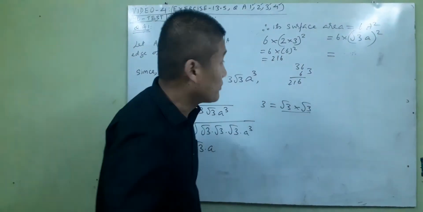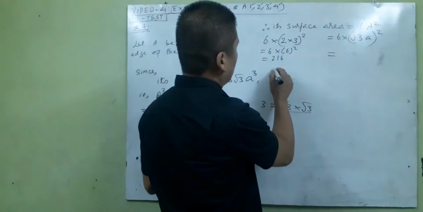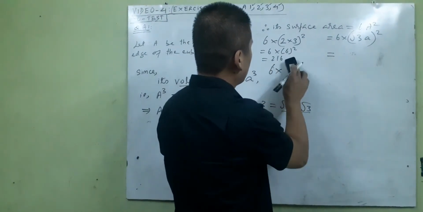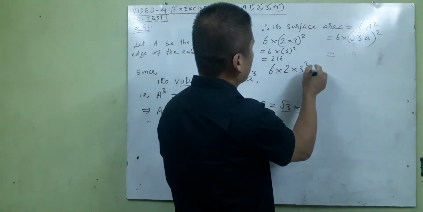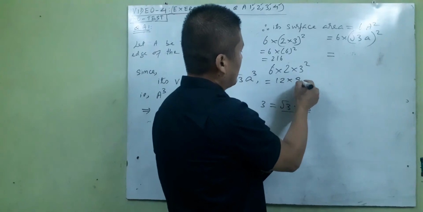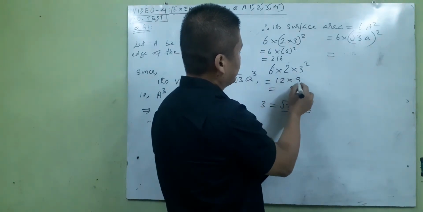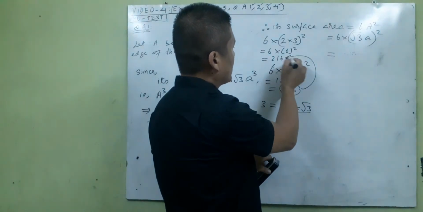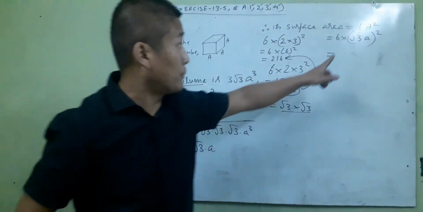But suppose you didn't put brackets, then it will go wrong. So here, 6 into no brackets, then you will be writing 2 into 3 square. That is totally different. 6 2s are 12, and 3 3s are 9. So 9 2s are 18, 9 1s are 9, 108 and 216. See, they are totally different. That's why the brackets are a must there.